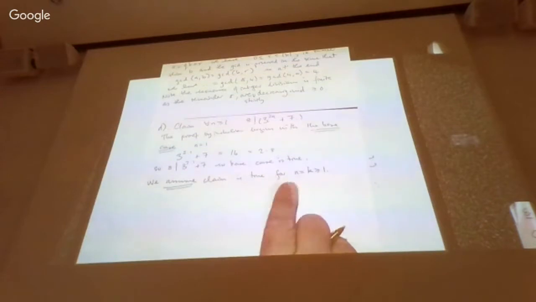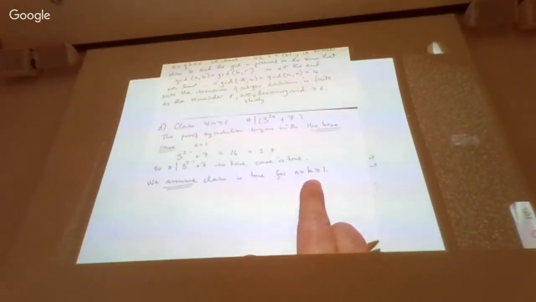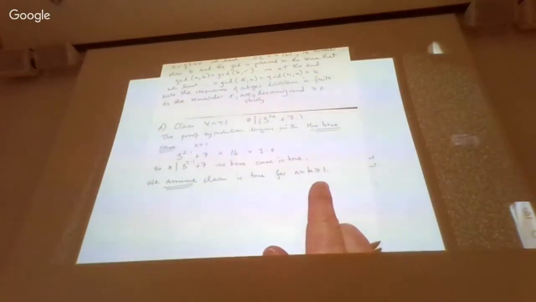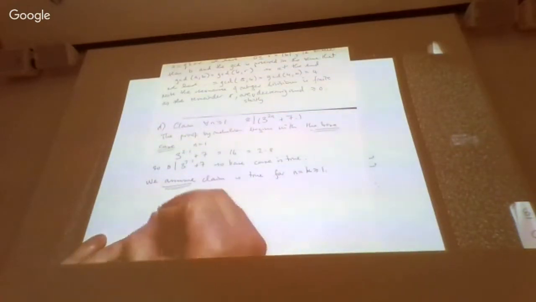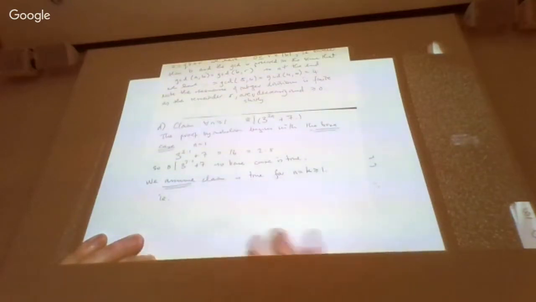You might worry about arming yourself with that assumption if it was possible that it was never true for any k bigger than or equal to 1. Anything you work off that assumption would not be relevant to the real world. But it is true for some k, and I would spell out that assumption.